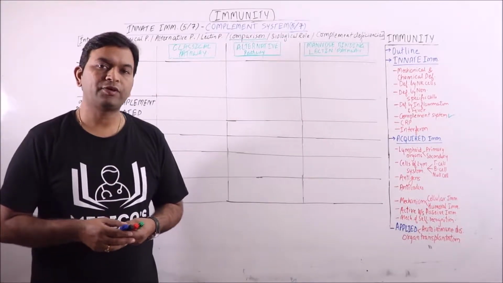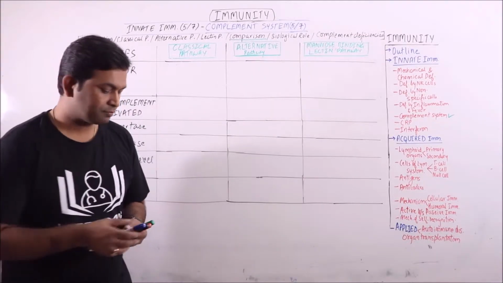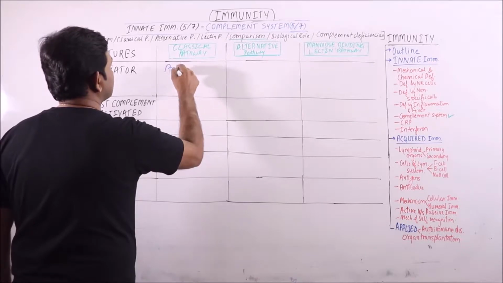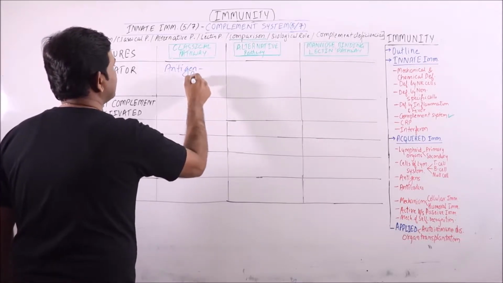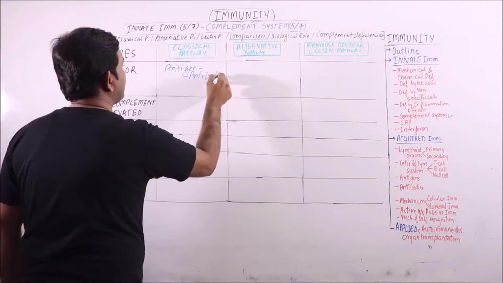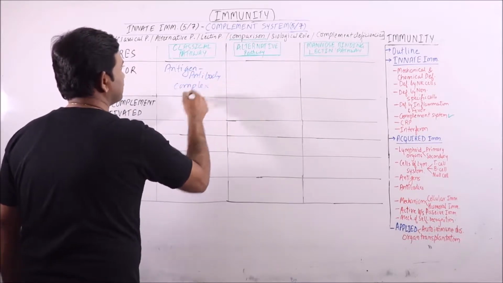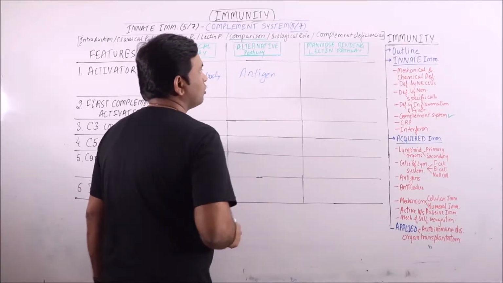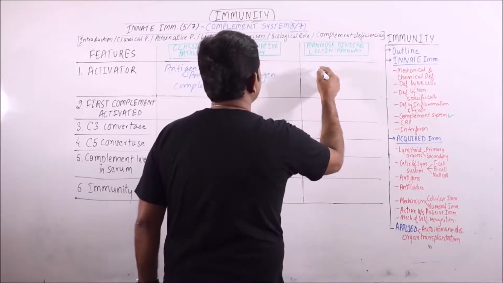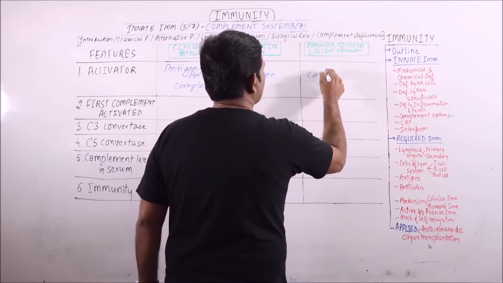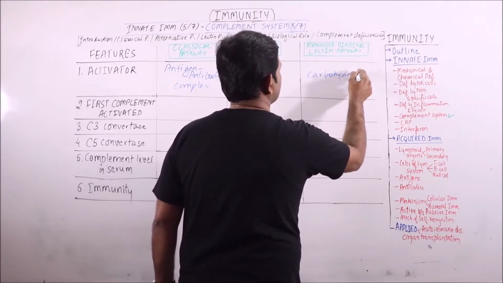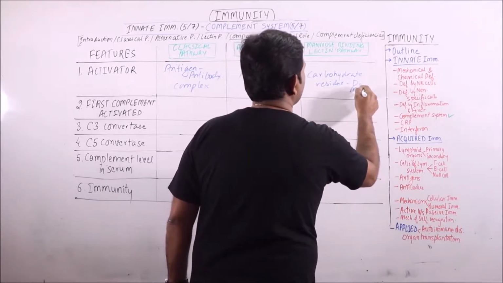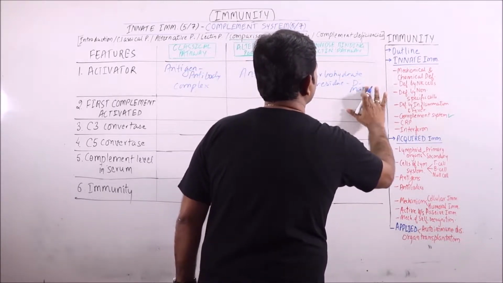Now we'll compare the three pathways of the complement system in tabular form. The activator for the classical pathway is the antigen-antibody complex, while in the alternative pathway it is the antigen, and in the mannose binding lectin pathway it is a carbohydrate residue, which is usually D-mannose.